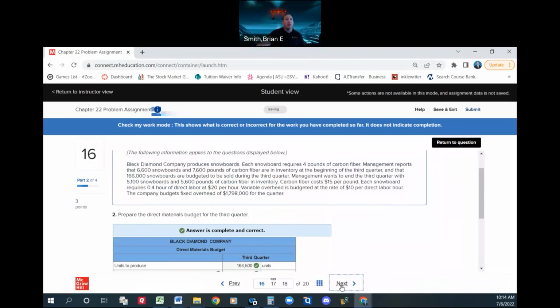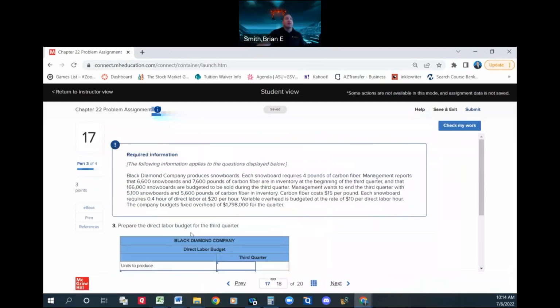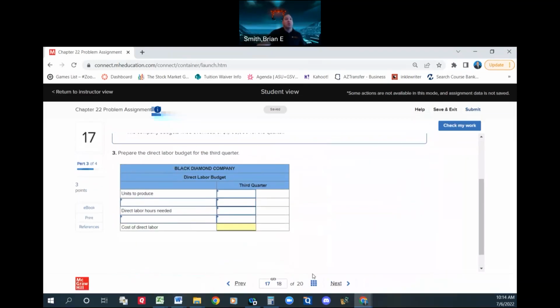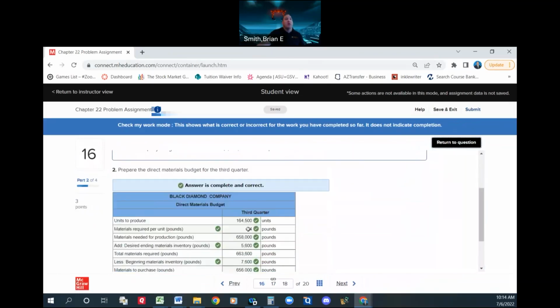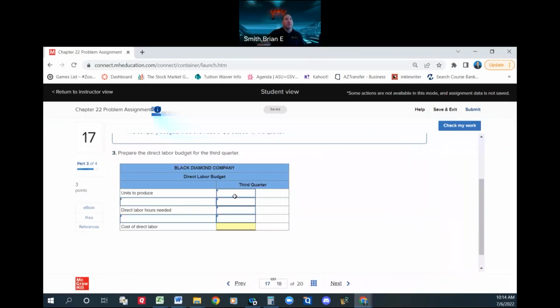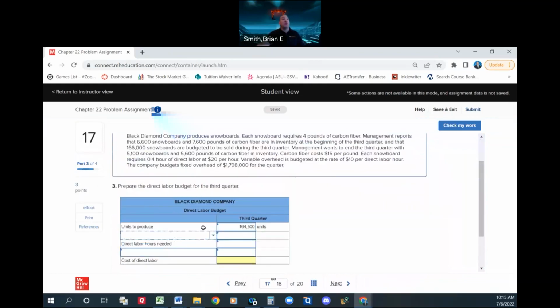What's this one going to do to us? For the direct labor budget, units to produce, we're going to go back again to our prior budget so we can get it right. 164,500. And units to produce is what we got there.